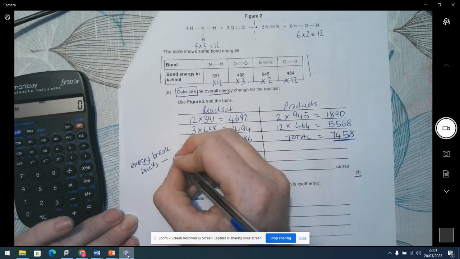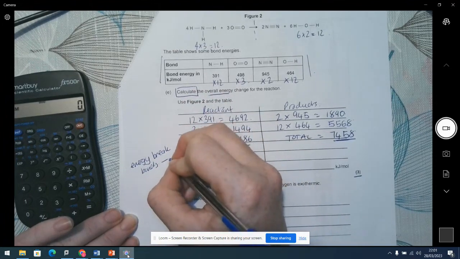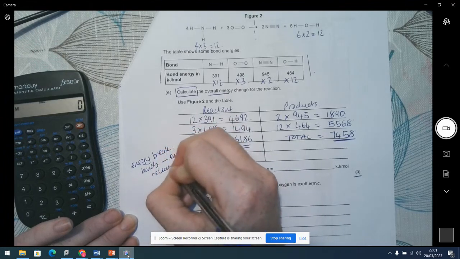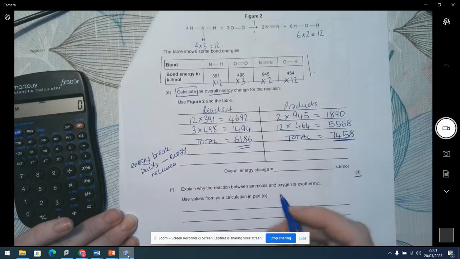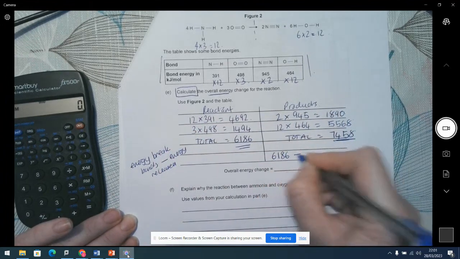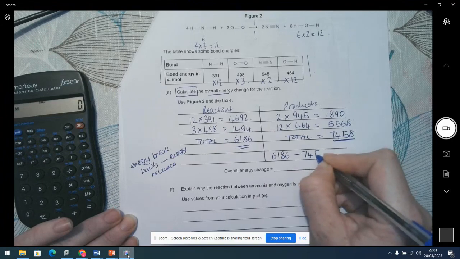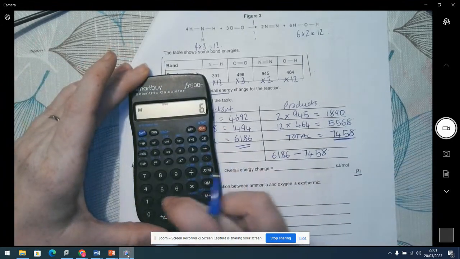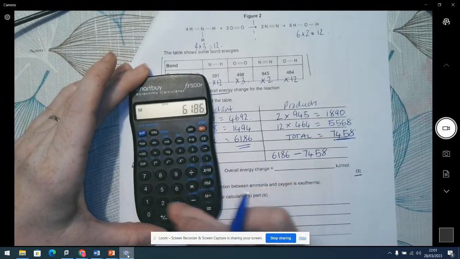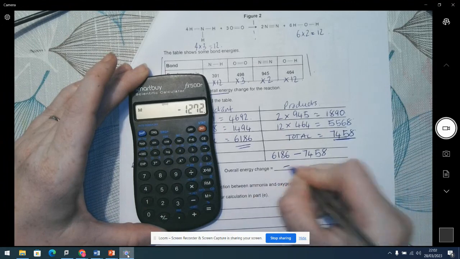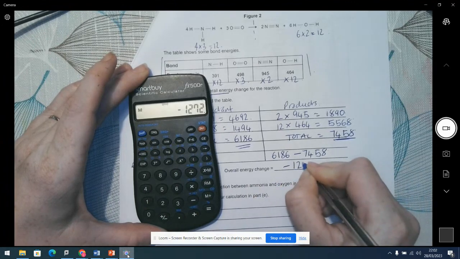Take away the energy released from forming the bonds, which is that of the products. So essentially I'm doing 6186 take away 7458. So I'm just plugging the numbers into my calculator. 6186 take away 7458.